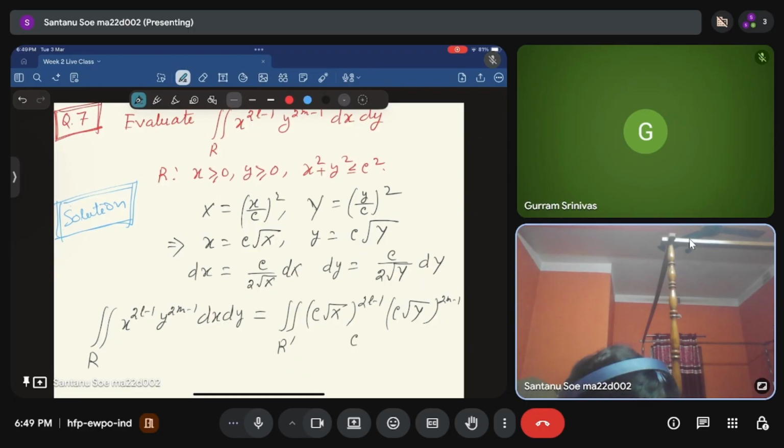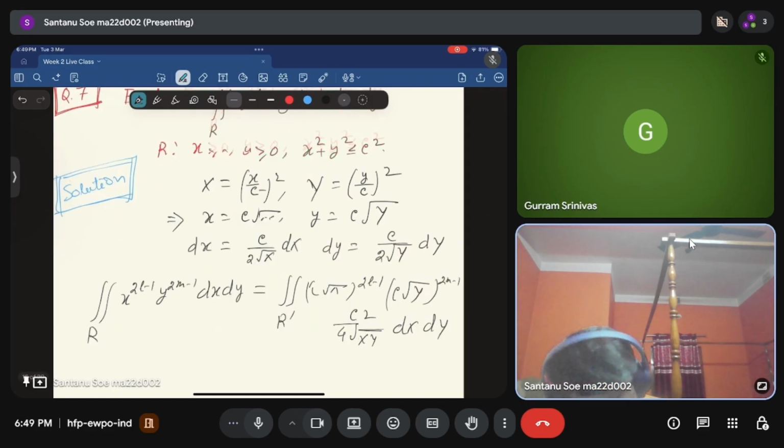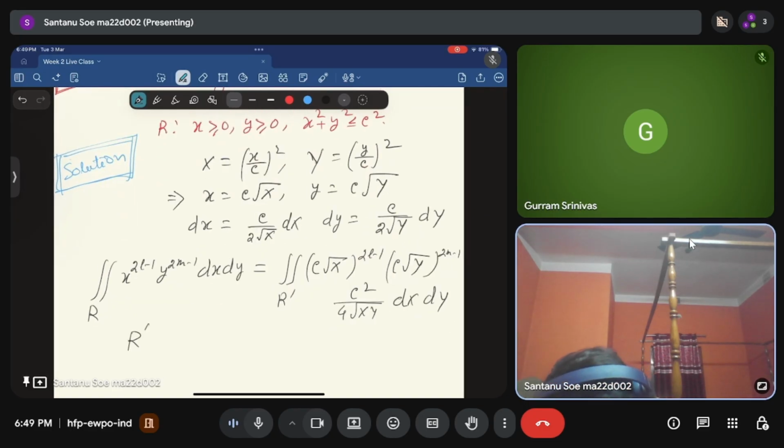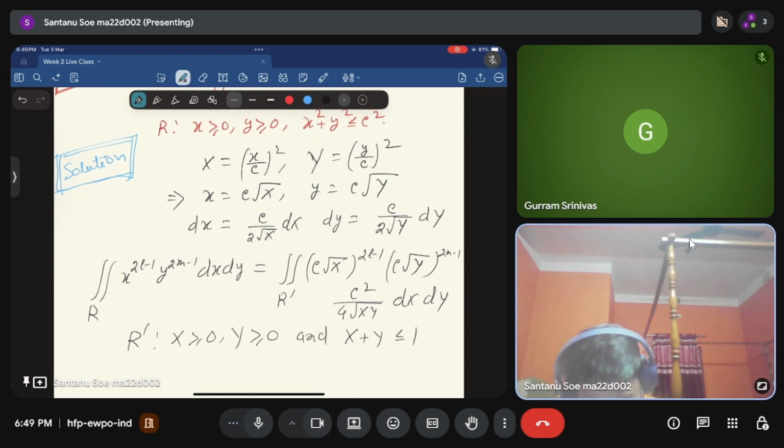So this will be c square divided by 4 root XY dX dY, correct? Where the new region R prime is just X greater than or equal to 0, Y greater than or equal to 0, and X plus Y is less than or equal to 1, correct?